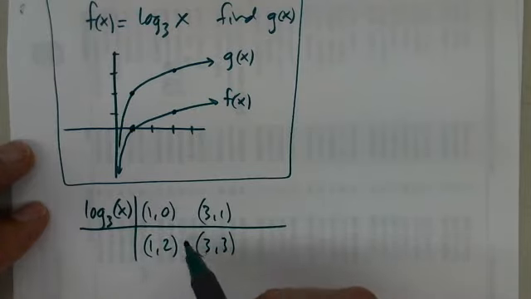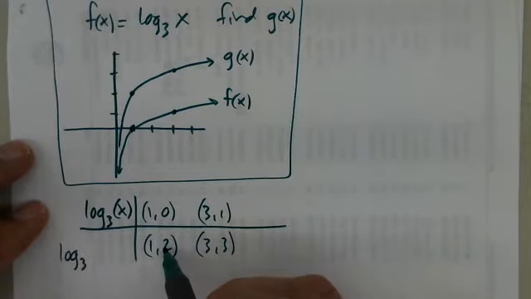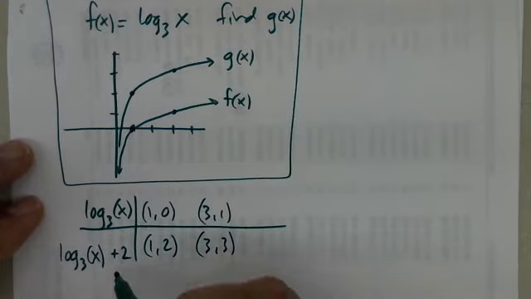It worked on both of them, so it looks like the function is going to be adding to the y. We're adding to the y. That's a vertical change, so it must be outside. And we would say that g of x is log base 3 of x plus 2.